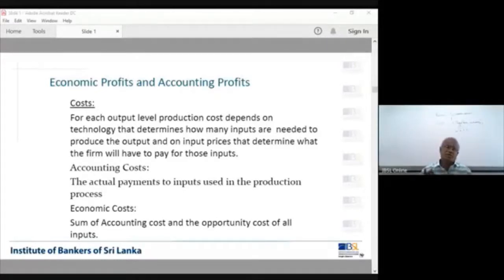If you take a manufacturing company, in some technologies you don't want that much labor, you only use machines. That is called capital-intensive technology. Proportionally you use more capital. But other industries use more labor-intensive technology. More and more people are used, and a lesser number of machines.